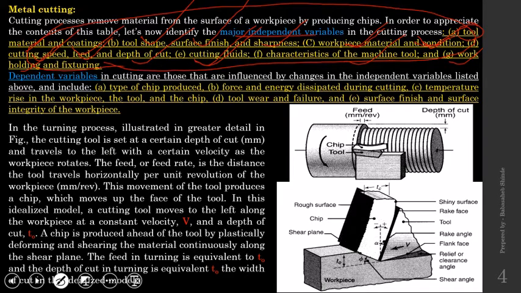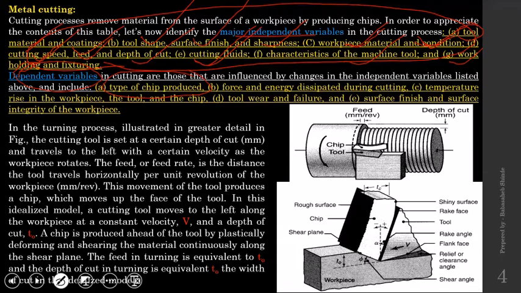Now, out of all these variables, if any variable is changed, it is going to result in a change in the dependent variables. So what are the dependent variables? The first one, types of chip produced. While machining, there are certain types of chips that you can observe.